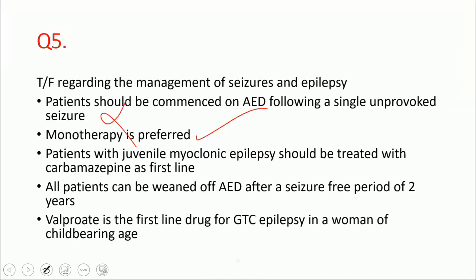In the investigation, you do an EEG, but even if it's normal, you can't completely exclude a seizure. If there is a family history, should we give an anti-epileptic drug after one seizure? Not unless there's a clear family epilepsy syndrome diagnosis. For imaging, MRI is the best, not CT scan. But because of resource limitations, you might do a contrast CT. No point in doing a plain CT scan.